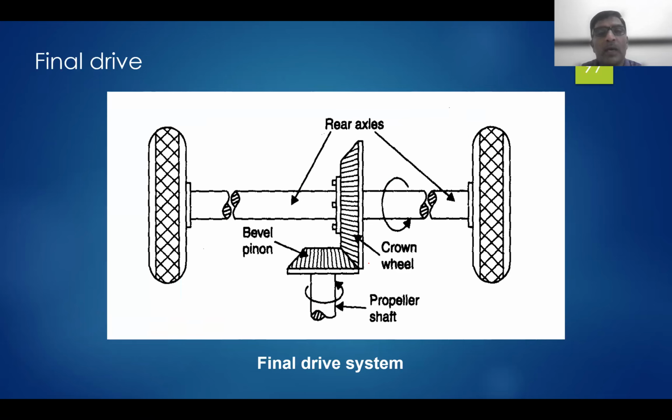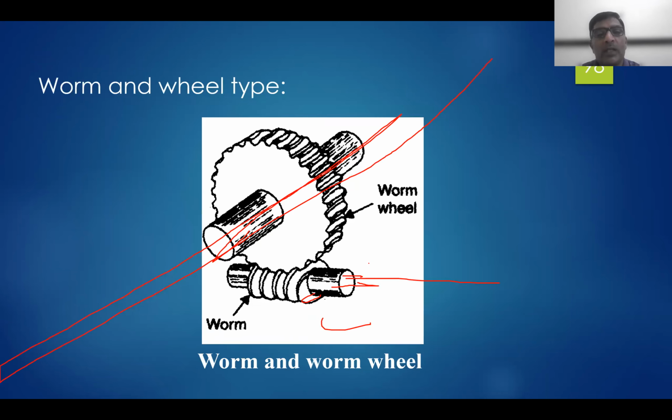With the worm and worm wheel, we can get speed reduction in the ratio 10:1, and even up to 15:1. So a larger speed reduction can be obtained in this worm and worm wheel type of final drive.